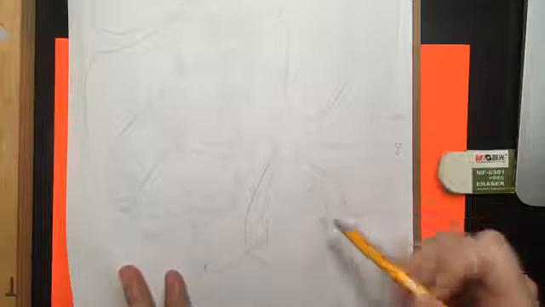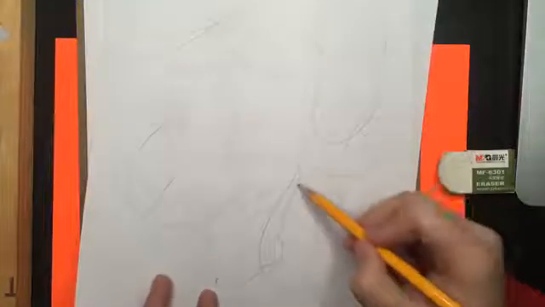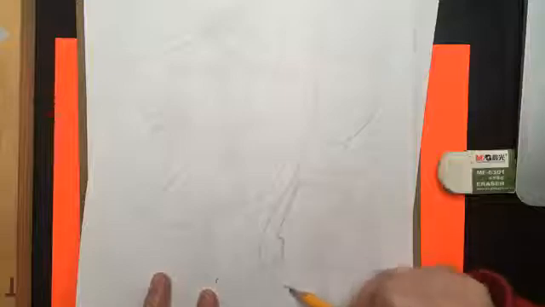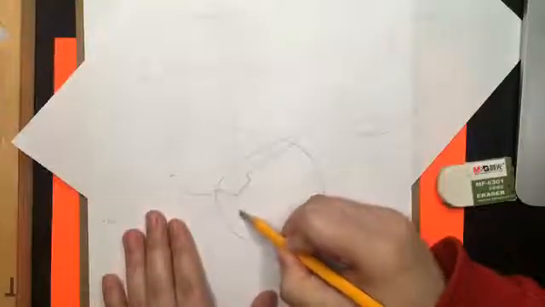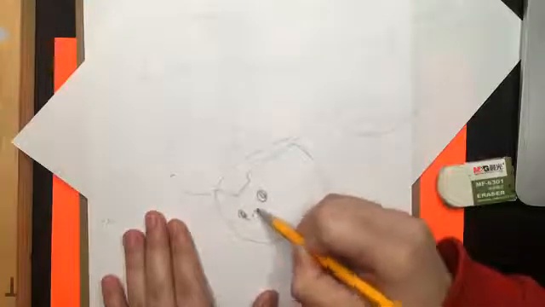And in each of those spaces, I want you to turn each of the spaces into a creature or a character. So, for example, this one out here, I'm gonna give it eyes and a nose.